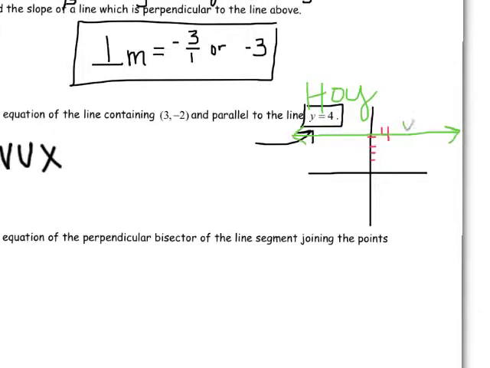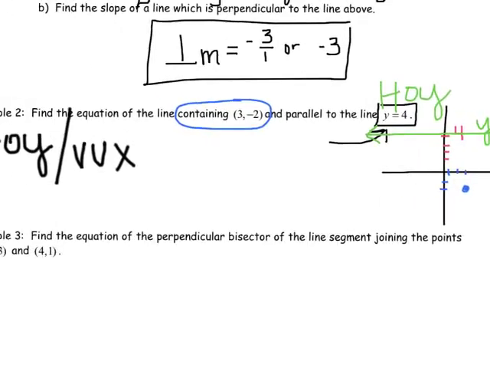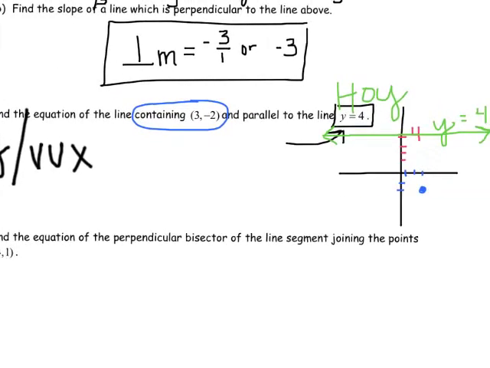So this green line represents y equals 4. Okay? So if I want to contain the point 3, -2, now I'll plot that. That's right here. And it says to be parallel. Then in order to be parallel to a horizontal line, I'd have to be also horizontal. So this is what the line would look like, but I do want the equation.